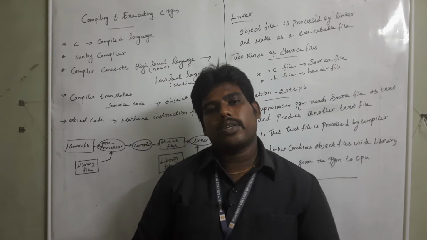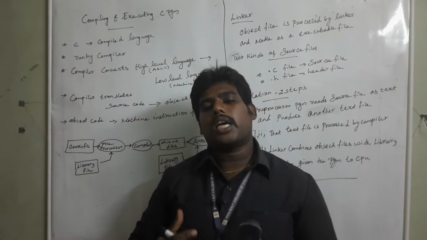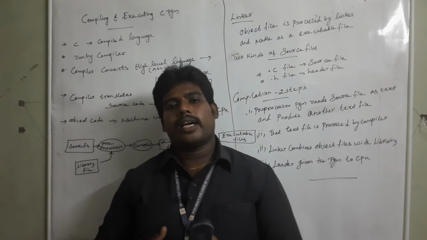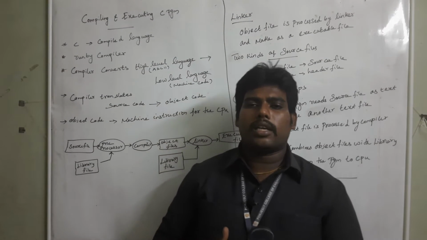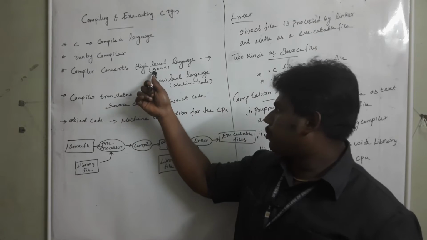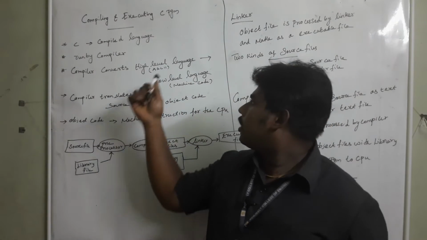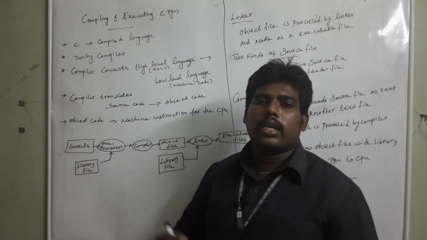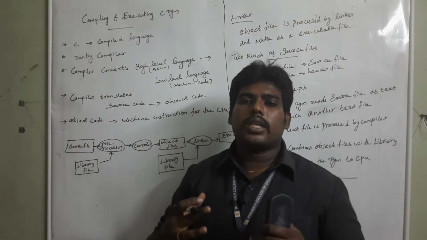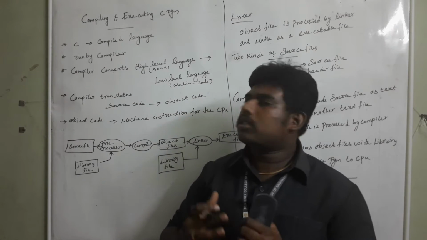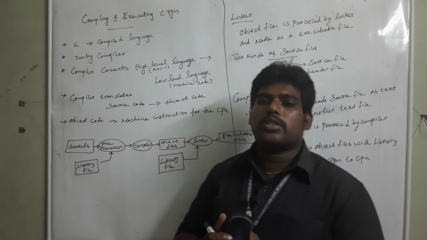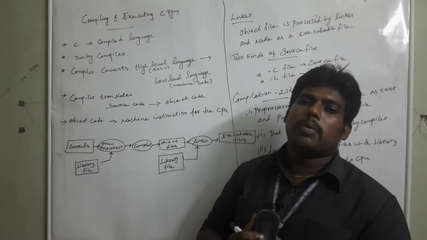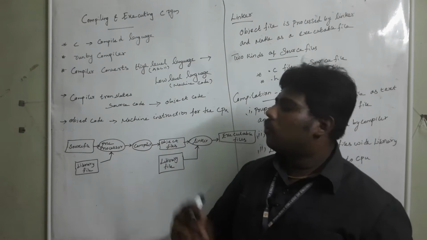What is a high level language? If your programming is understandable by humans, that is, it is written in English, right? So, a human understandable language, ASCII, American Standard Code for Information Interchange. If it is a human understandable language, it's a high level language. So the compiler converts the high level language into low level language, that is binary machine level, zeros and ones.